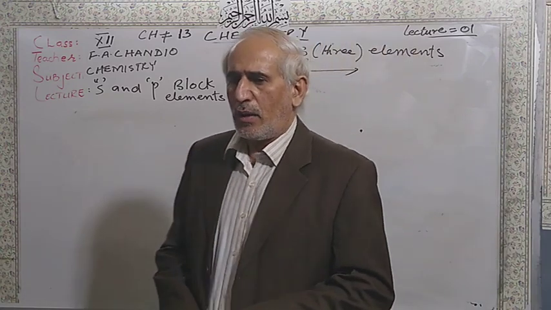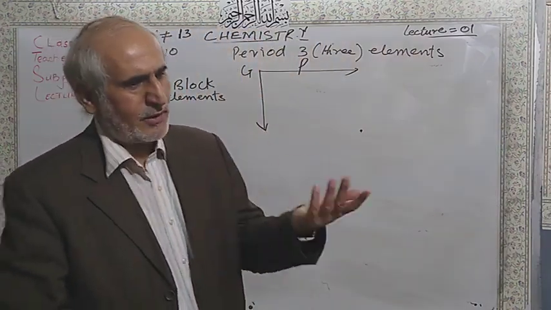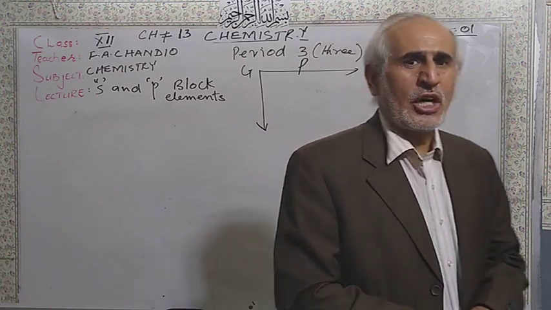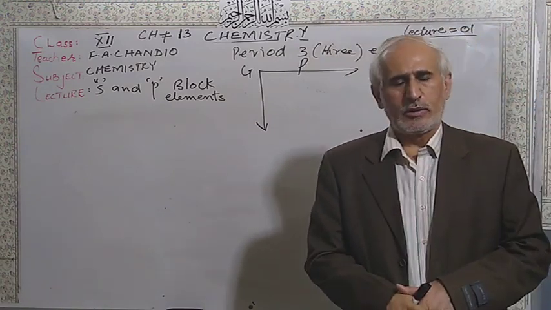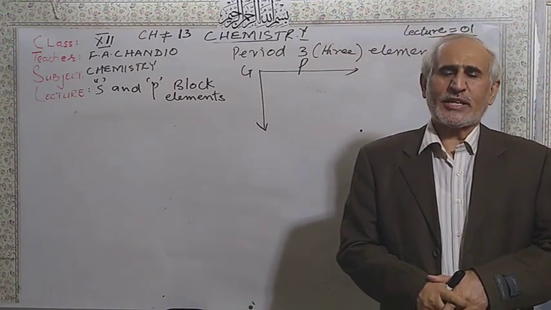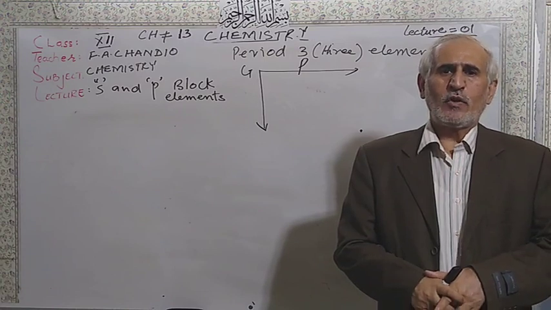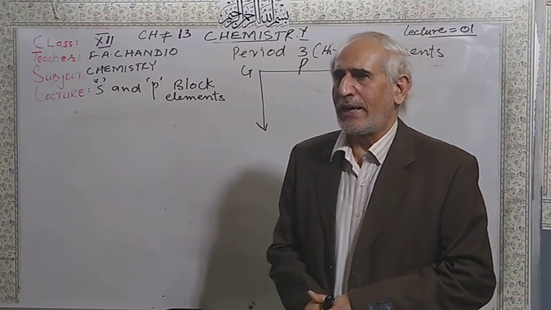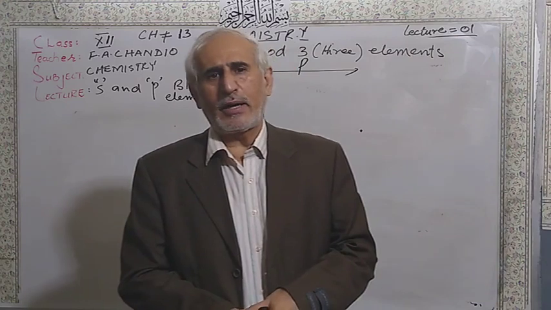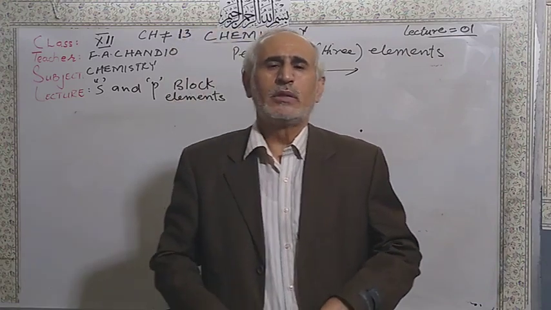Period number 1 is the shortest period in the periodic table. You will find only two elements, hydrogen and helium, atomic number 1 and atomic number 2.